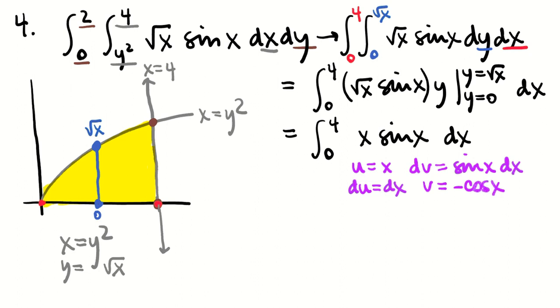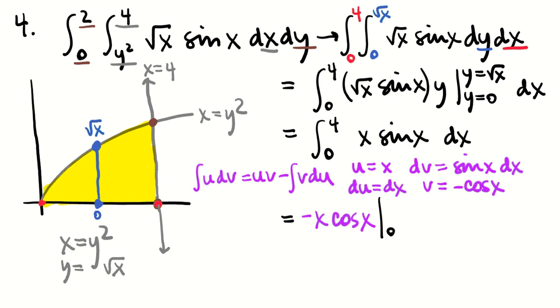Okay. We know that the integral of u dv equals u times v minus the integral of v du. Okay, so we're going to say that this integral is equal to u times v, so negative x cosine x, and we're going to need to evaluate that from 0 to 4.